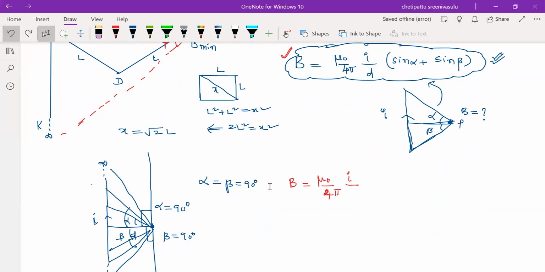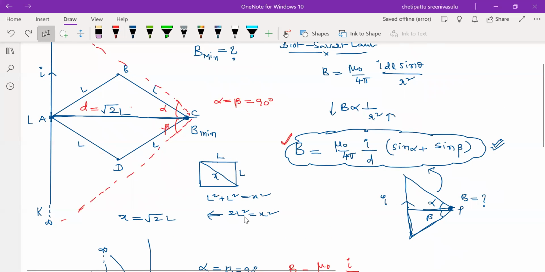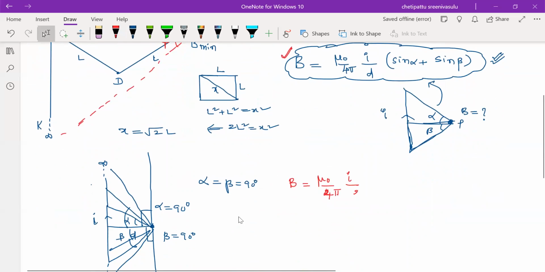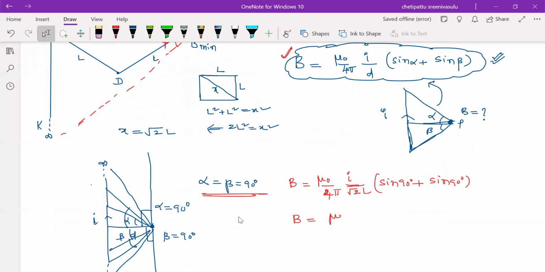Here D equals root 2 L. So B equals mu naught upon 4 pi, I by root 2 L, into sin 90 plus sin 90, which is 1 plus 1.